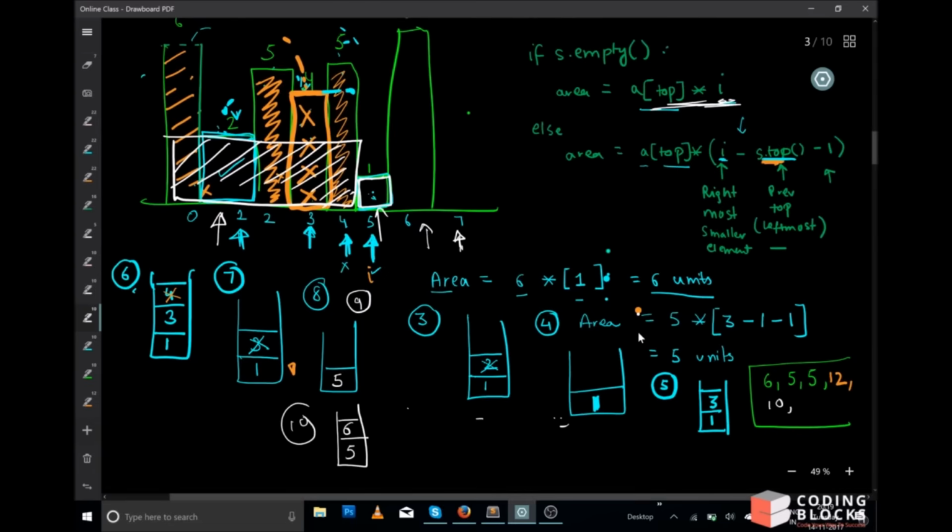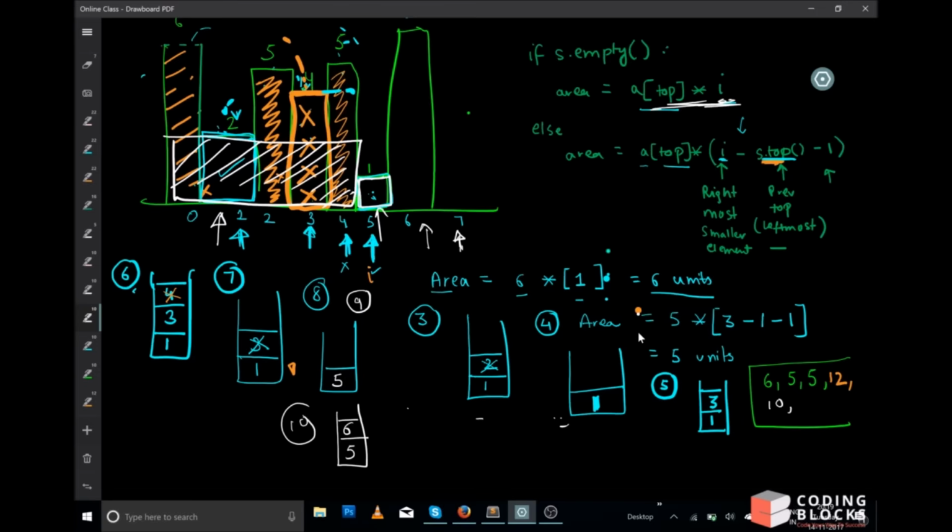The array is now complete, right? So when we come to this position and we have finished with all the elements, we will just pop out elements and we will find out the answer, right? So for this position, again I'm going to compute the area.